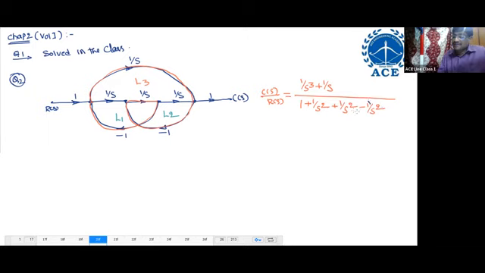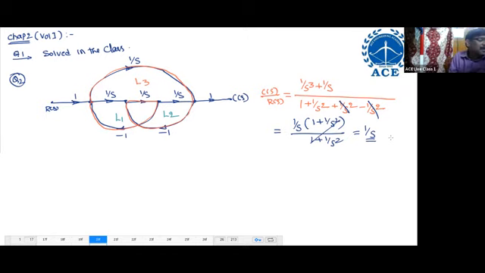Now these two cancelled. Numerator 1 by S, take it common: 1 plus 1 by S square. Denominator also 1 plus 1 by S square. This cancels. What is the answer? 1 by S.